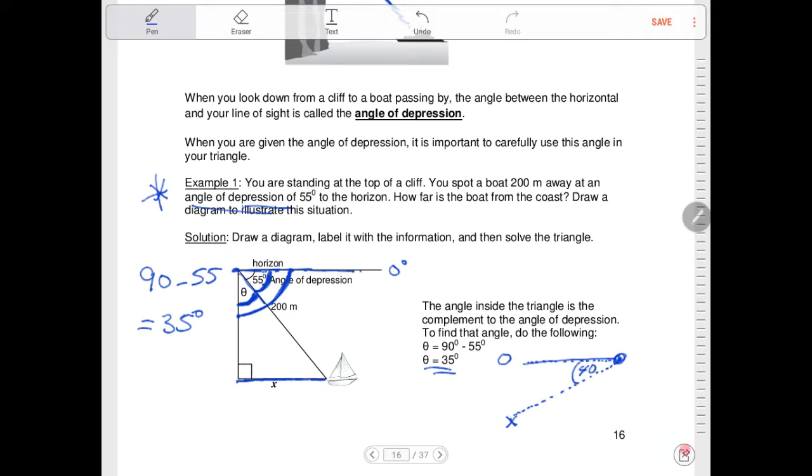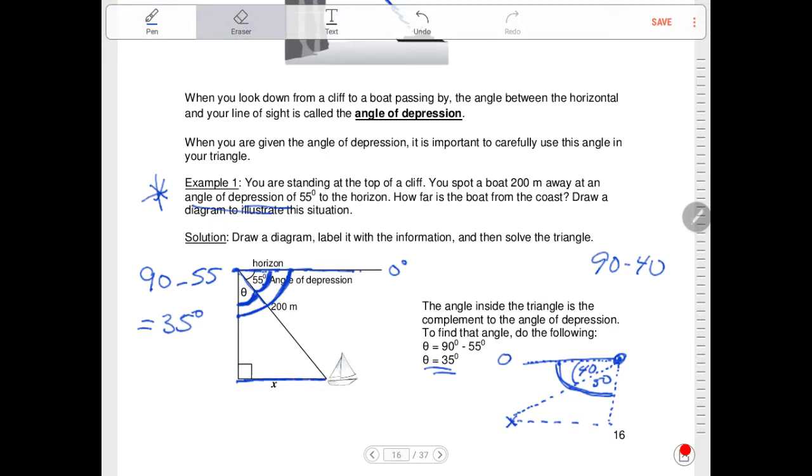But one of the key things you're going to have to do is draw a triangle on the bottom like this. And what I want you to consider is this bigger angle, which is 90 degrees. If that's 90 degrees and we take away 40, we know that this missing one here is 50. This is a habit you're going to have to get into when dealing with angle of depression.